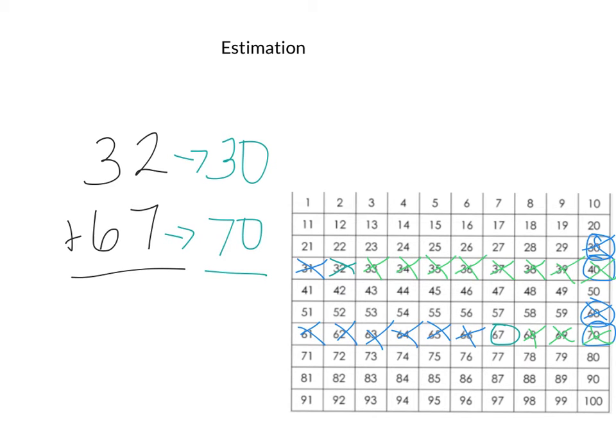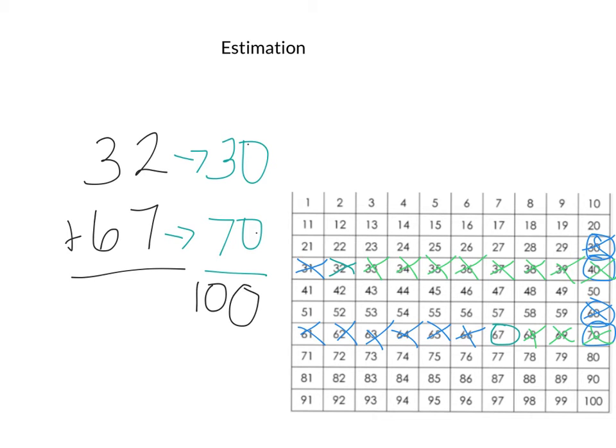Now all I've done is rounding. I have not estimated yet because I have not solved the problem. Now I need to solve my rounded numbers. 0 ones plus 0 ones is 0 ones. 7 tens plus 3 tens is 10 tens. So my estimated answer is 100.